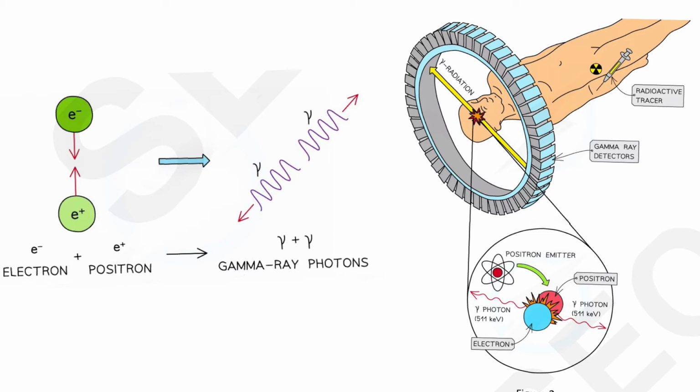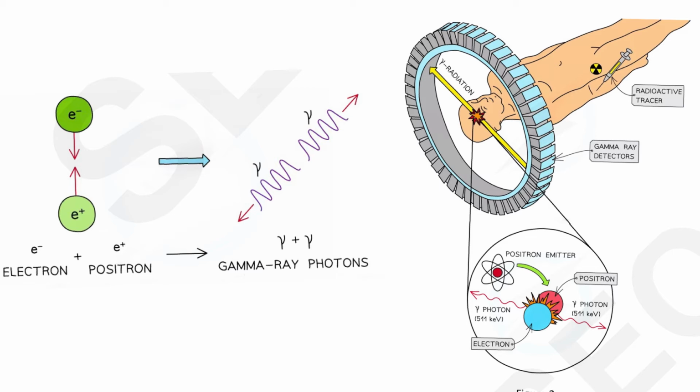Now, why do they want to do this? I'll give you an example. Let's say you want to scan how big the tumor is in a particular patient. When you inject that tracer, which contains glucose, the cancer cells are more metabolically active. That means they will consume more glucose than the regular healthy cells.